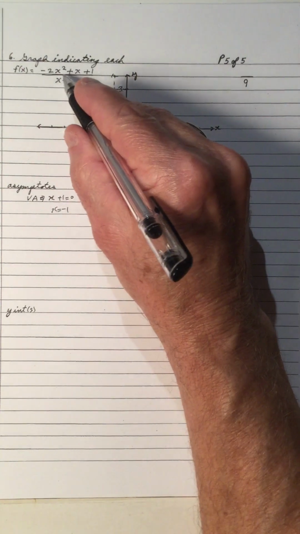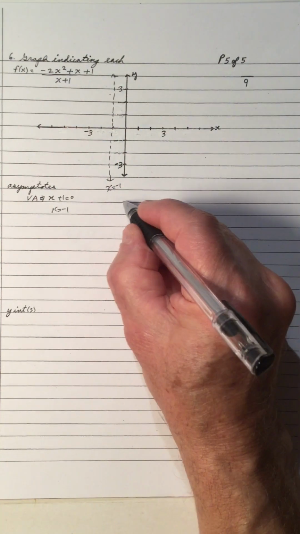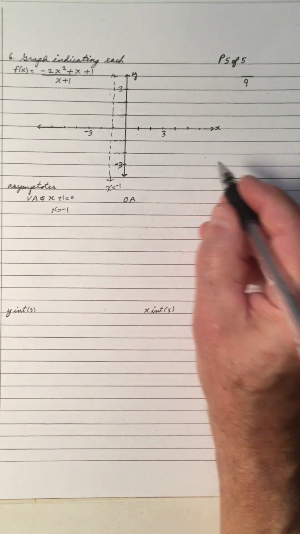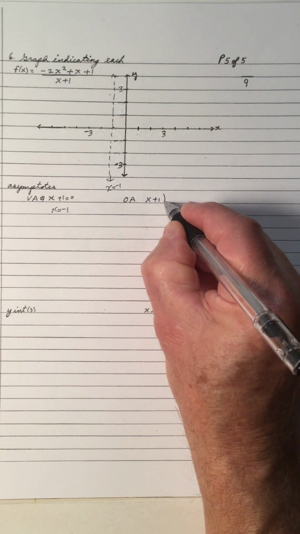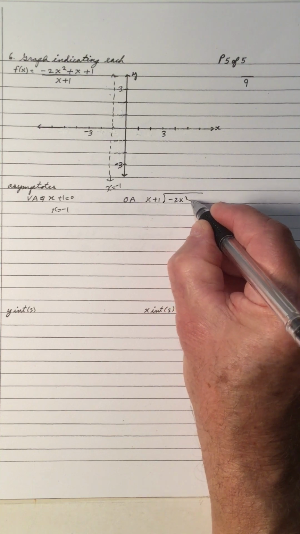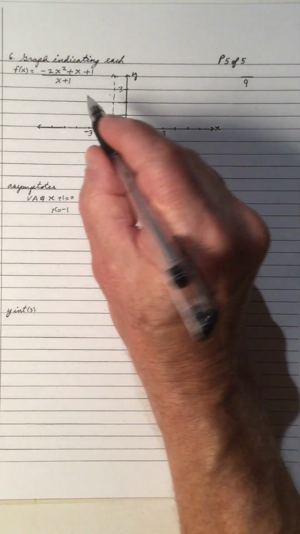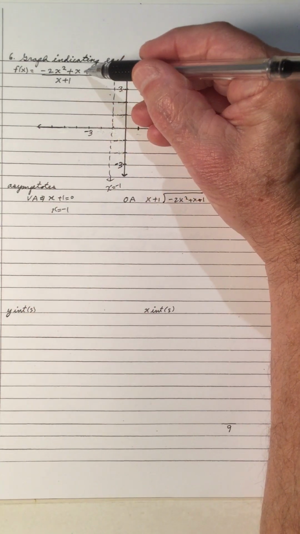Now, in this case, because the numerator has a higher degree, we have what we call an oblique asymptote. The asymptote is going sideways. And the only way is to divide the denominator into the numerator. And we're also assuming, you got to be careful, that we can factor this so that the x plus 1 is cancelled out.